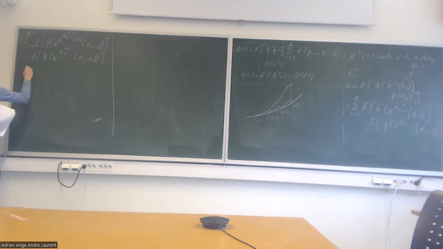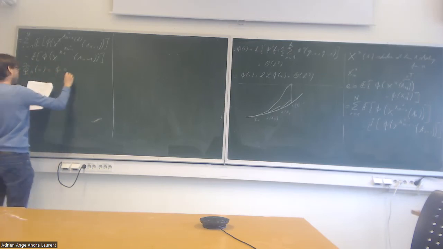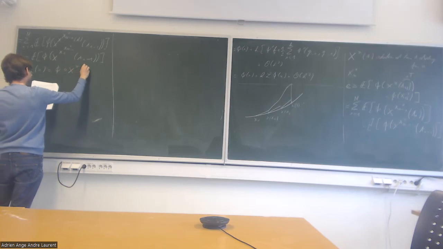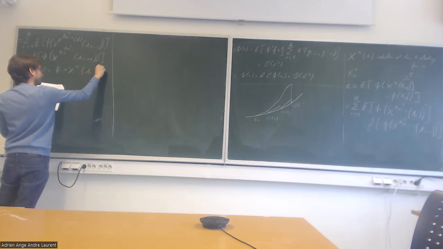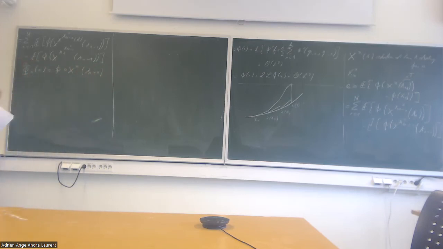Now I define phi tilde of x equals phi composed with the exact solution. It's a test function, and I will not prove it. It's not that hard, so believe me, it is infinitely smooth. Right?